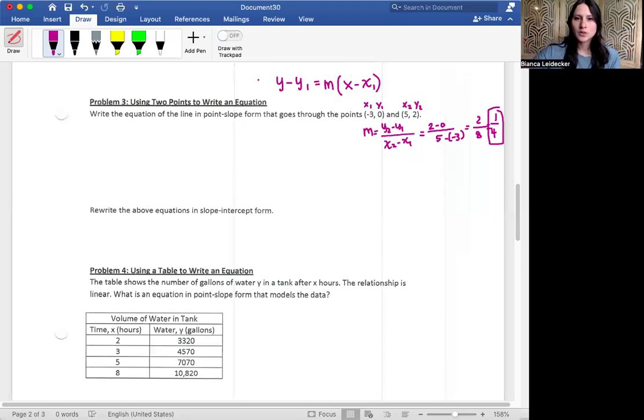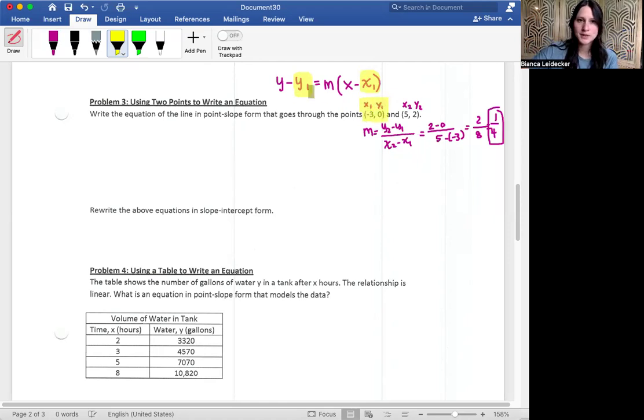So now that we found our slope, we have to identify one point to put in our equation because we really only need a y1 and an x1. We only need 1 point, and that's why the other x and y is not labeled with a 2. So I'm going to pick this first point that I have here.